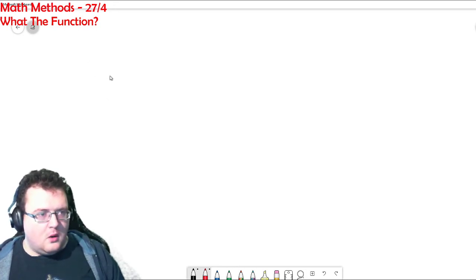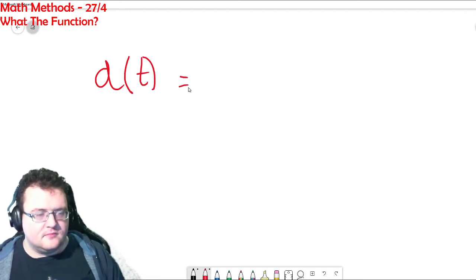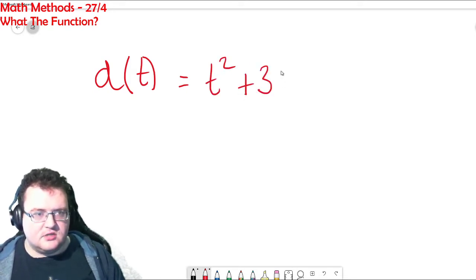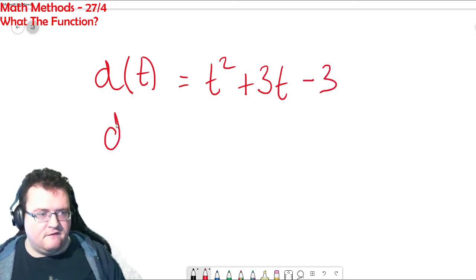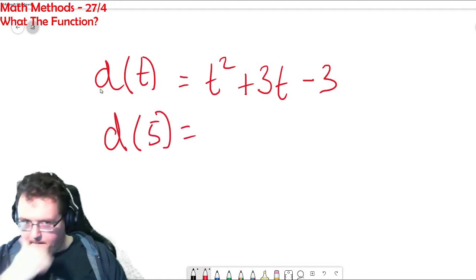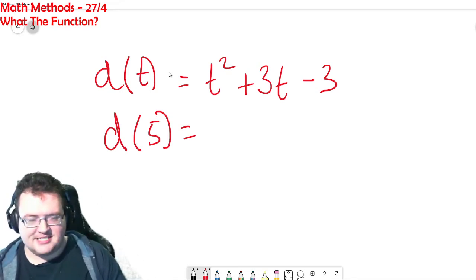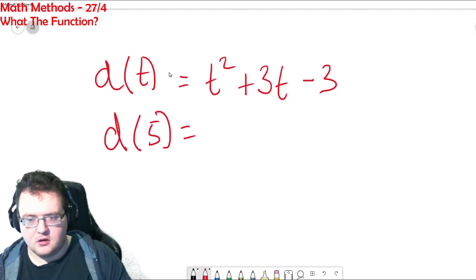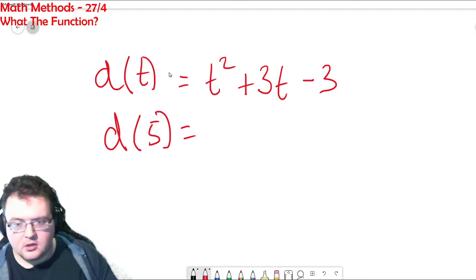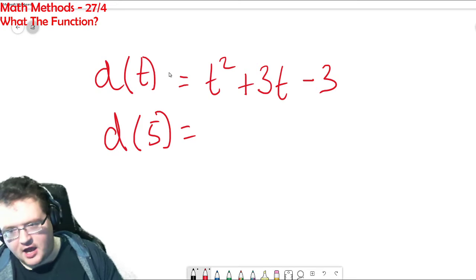So what I might have is, okay, d of t is equal to t squared plus 3t minus 3. Find d of 5. On my equation, what have I replaced t with? On the left-hand side, that means I have to replace t with 5 on the right-hand side.